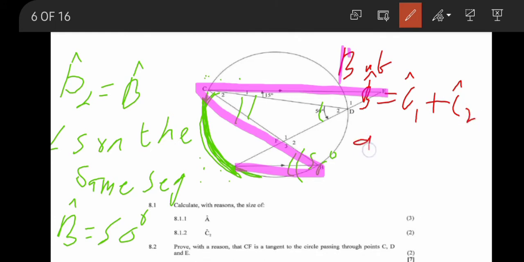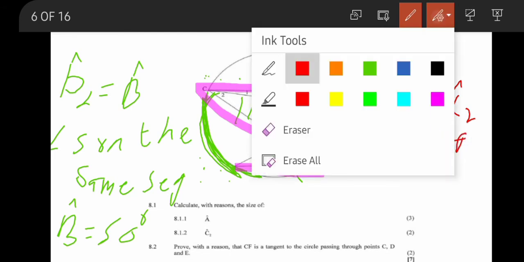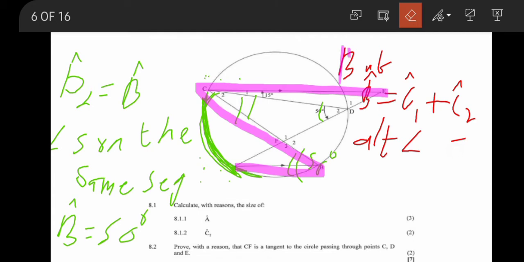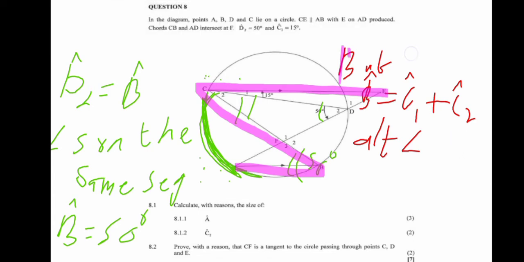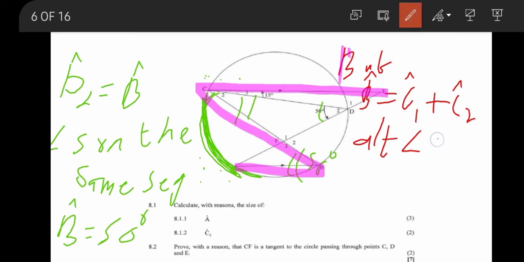What reason? Alternate angles. So these are alternate angles, and the pair of parallel lines from which these alternate angles occur is CE parallel to AB.